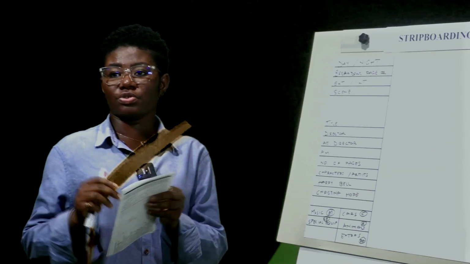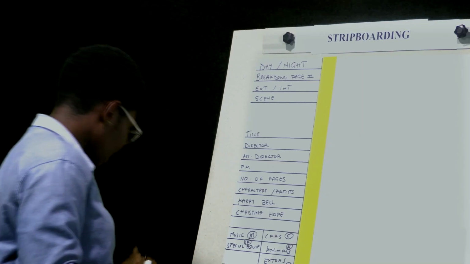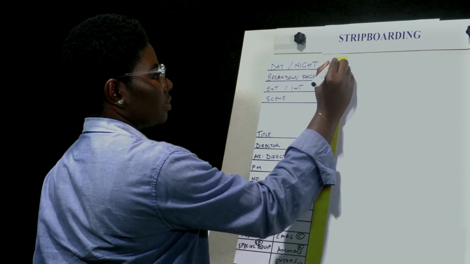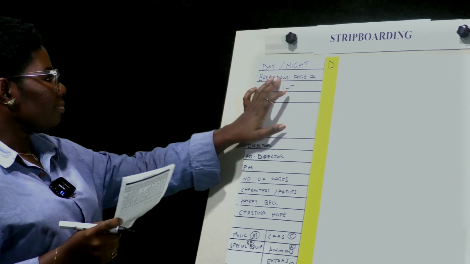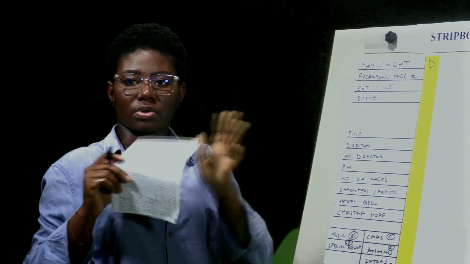I'm going to start with the yellow strip because our scene, it's day and it's exterior, right? So our scene starts here, day or night, it's day. Breakdown page number and the scene number, it corresponds, is the same.